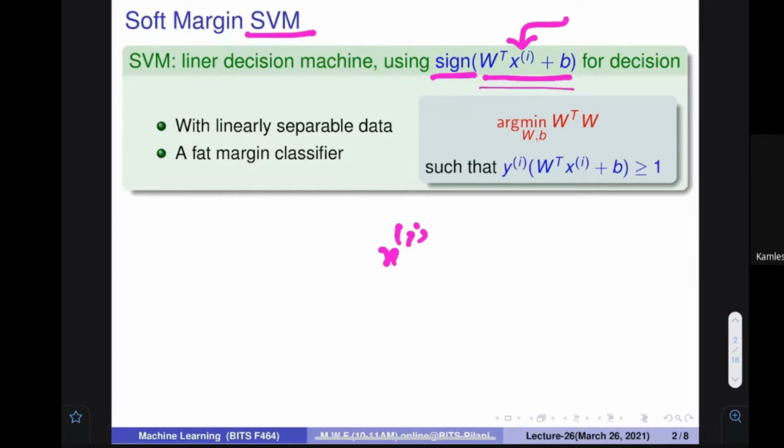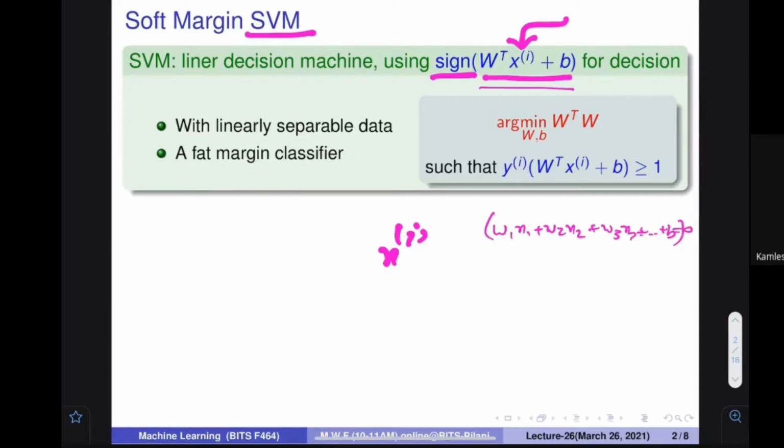We have seen in the previous class that, let's assume there is w1x1 plus w2x2 plus w3x3 plus b, and let's assume that this equal to 0 is the equation of a plane.